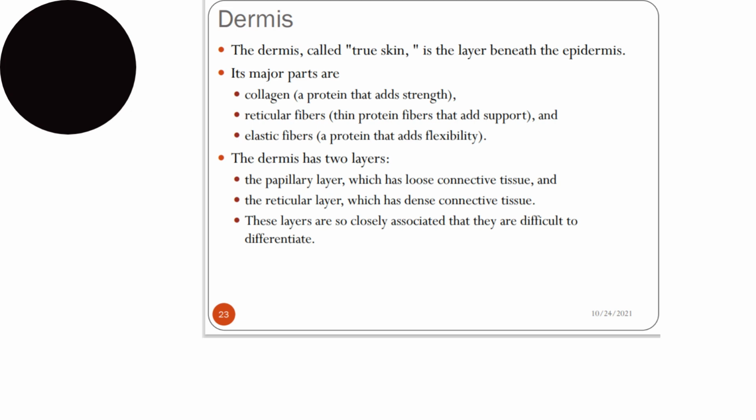Dermis has two layers, which are the papillary layer and the reticular layer. Papillary layer is mostly composed of loose connective tissue, and reticular layer is composed of dense connective tissue. So both layers are quite close to each other, so that they cannot be easily differentiated ataupun dipisahkan.